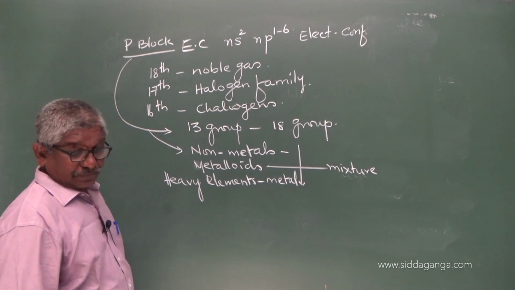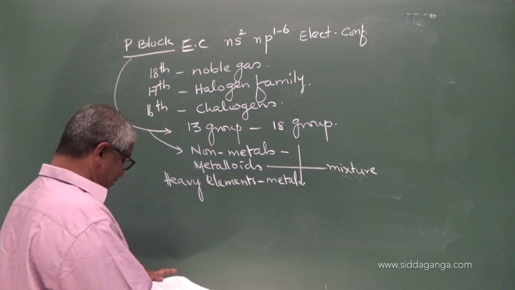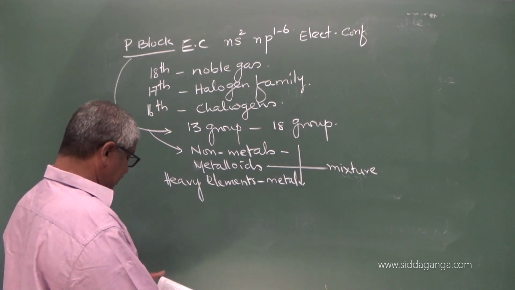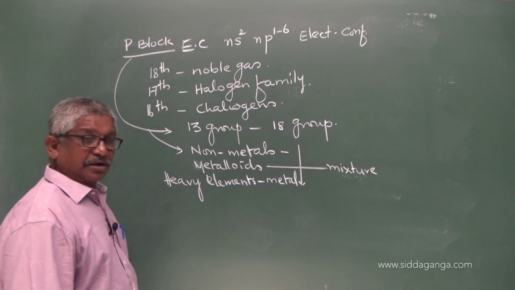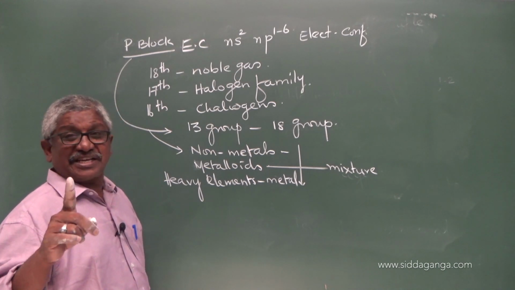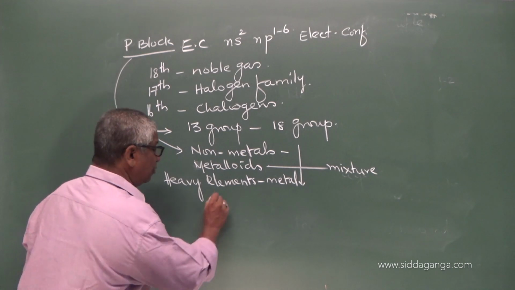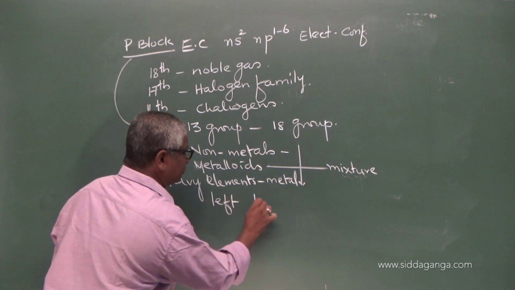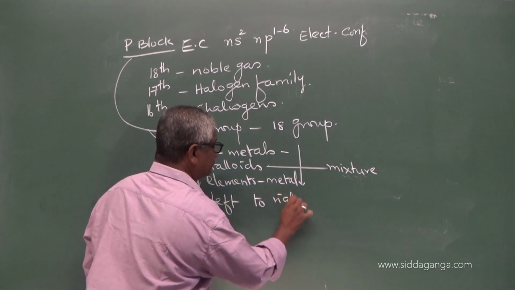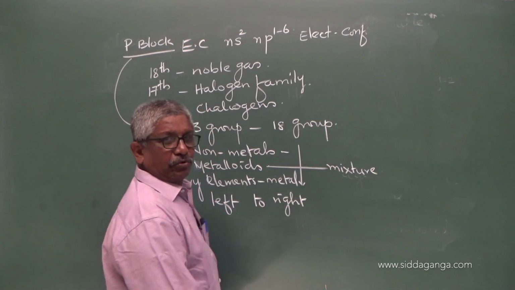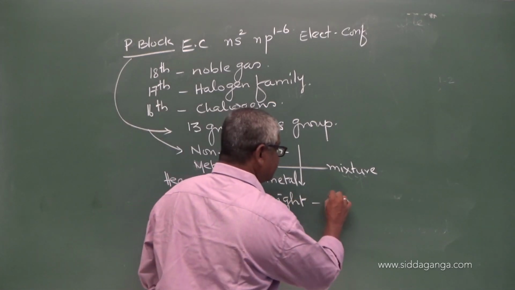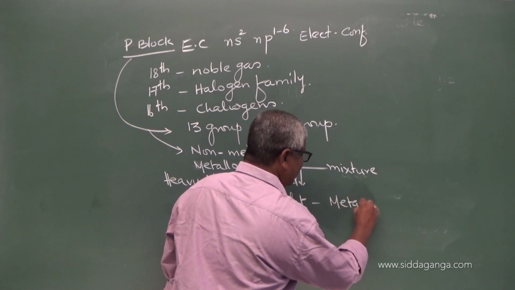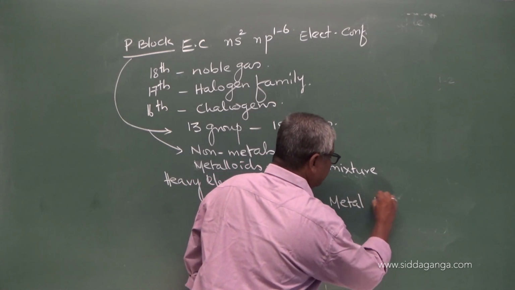So now, general characteristics of the P block. If we move from left to right, metal character changes into non-metal.